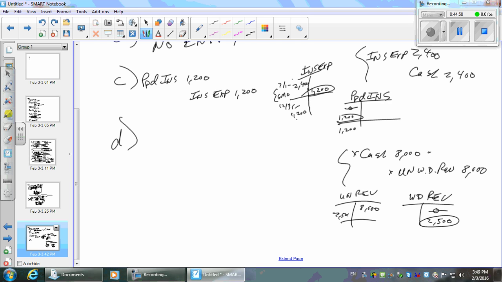What's the ending balance in unearned wedding dinner revenue? $5,500, right? $8,000 less $2,500, right? So you would just debit unearned wedding dinner revenue for $2,500 and credit wedding dinner revenue for $2,500.